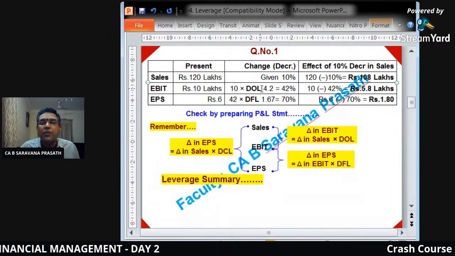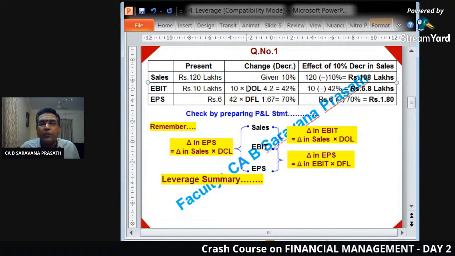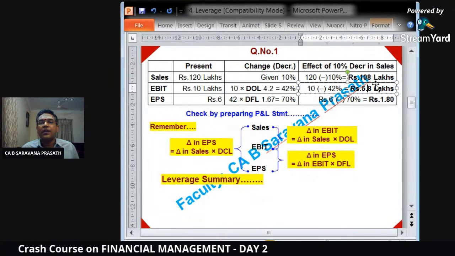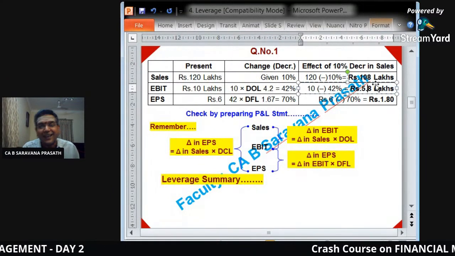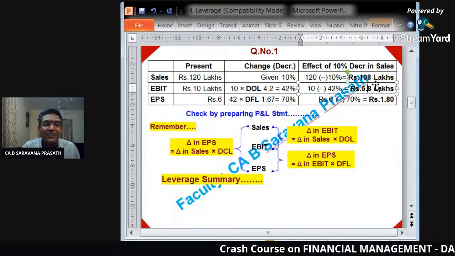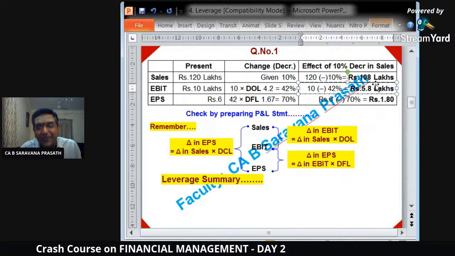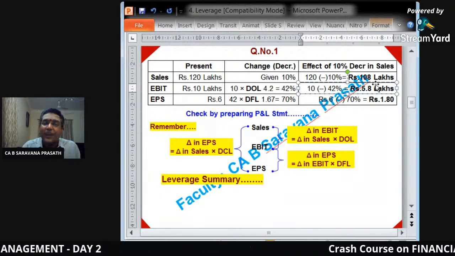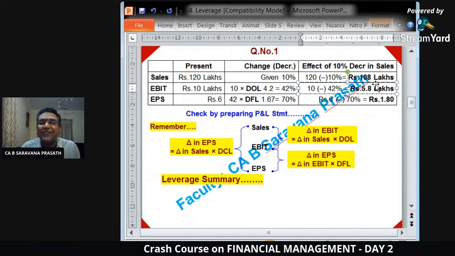Since there is a DOL of 4.2 times, 4.2 multiplied by 10, 42 percentage reduction, and consequently the revised EBIT is equivalent to 5.8 lakhs. EPS reduces by 70 percentage as discussed earlier. So revised EPS will be only 1 rupee and 80 paisa. You can prepare the P&L statement and check whether these numbers are correct.